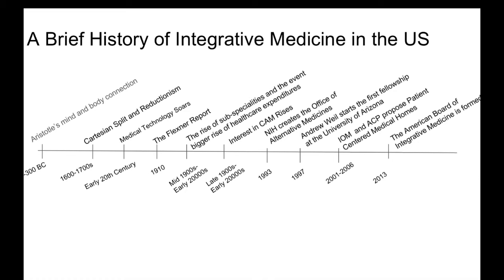Primary care is thought of as the backbone of the nation's healthcare system. It's at grave risk of collapse due to the dysfunctional financing and delivery of that system. It really emphasized patient-centered care. And that's really what integrative medicine is: patient-centered care.